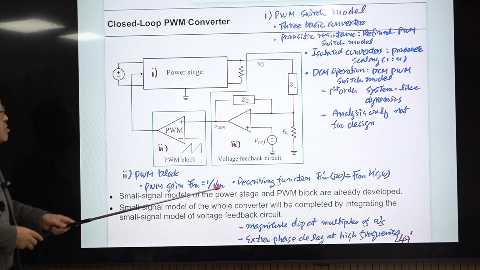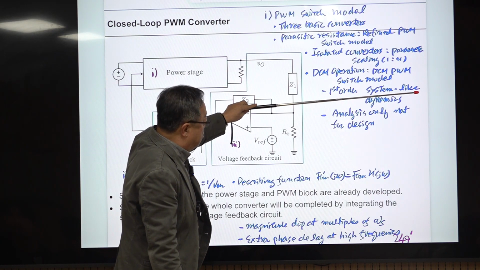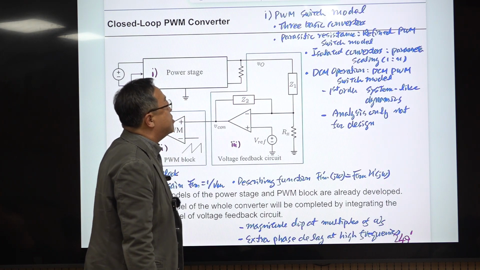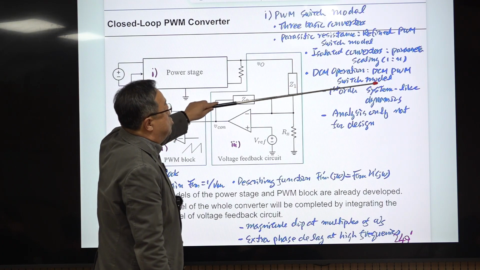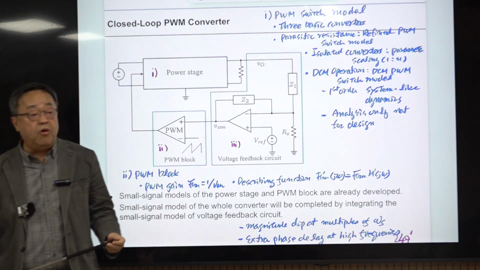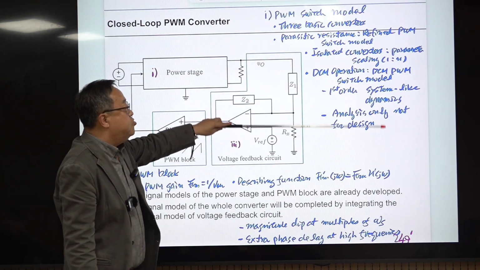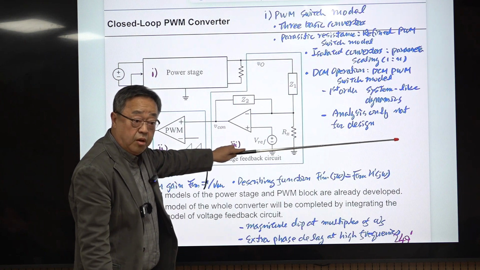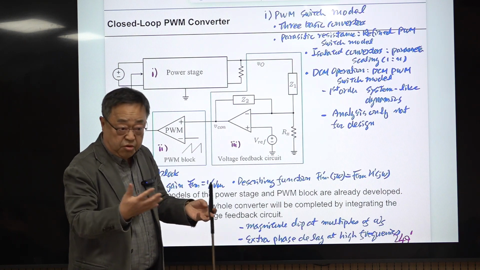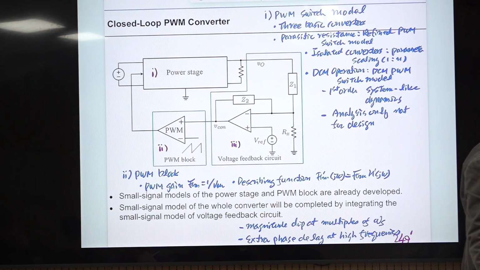So the system behaves as a first order system, but maybe you use this model to understand the dynamics of the converter in DCM. You don't use this knowledge to design the converter, because you should use the dynamics of the CCM to design your PWM converter.